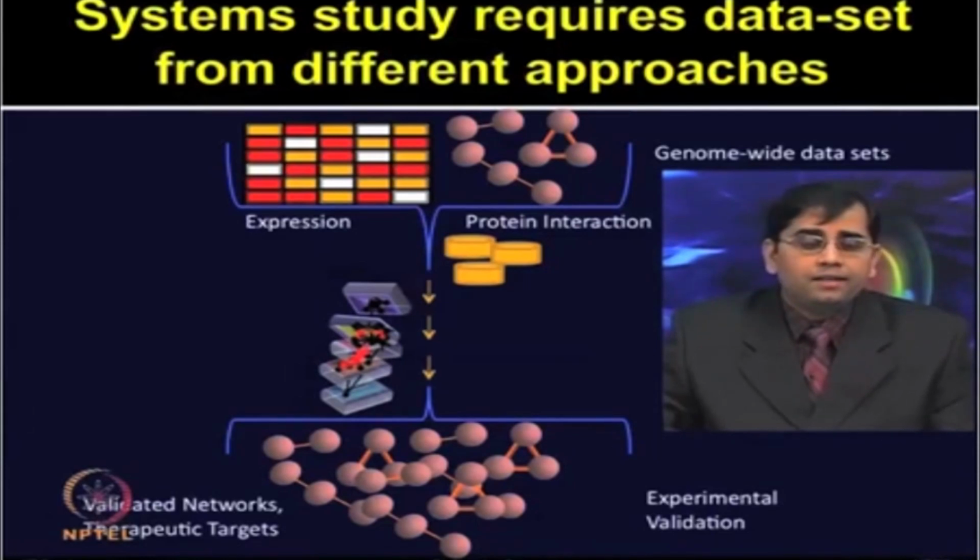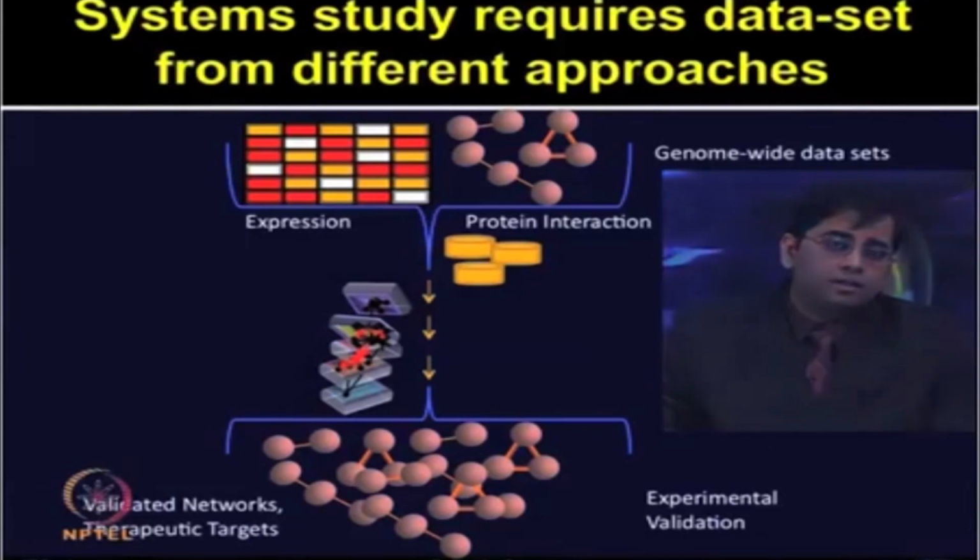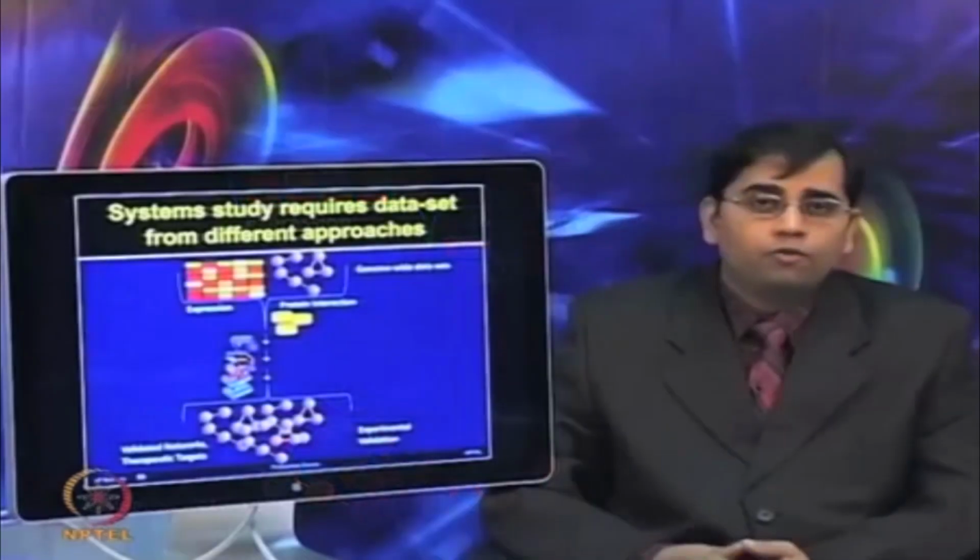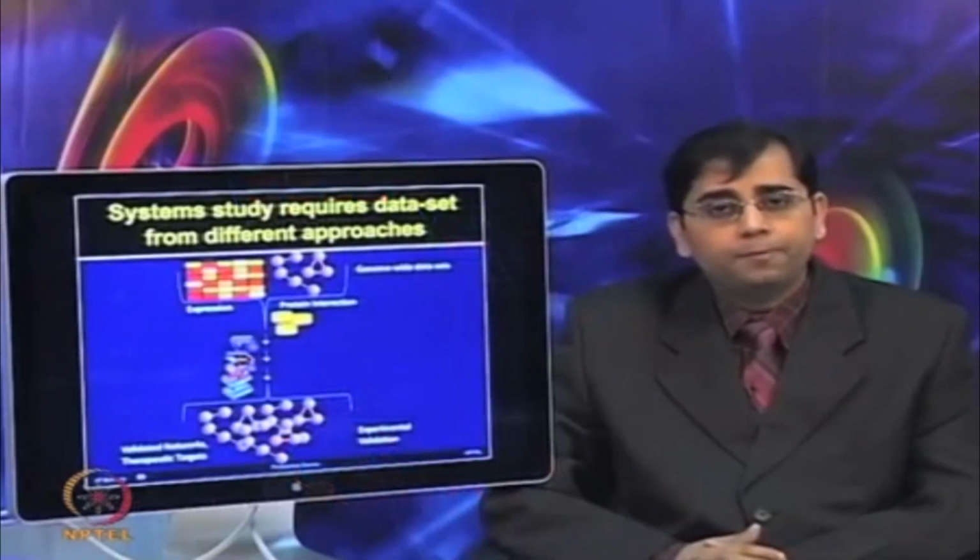These data sets can be stored in clinical databases and can also be mined from the literature by manual curation. Then integration of the orthogonal data sets can be used for validating the networks and identifying therapeutic targets. Further, it can be used for experimental validation.